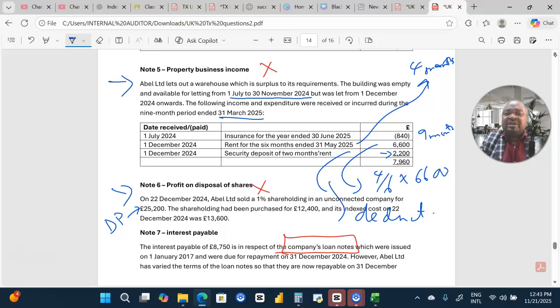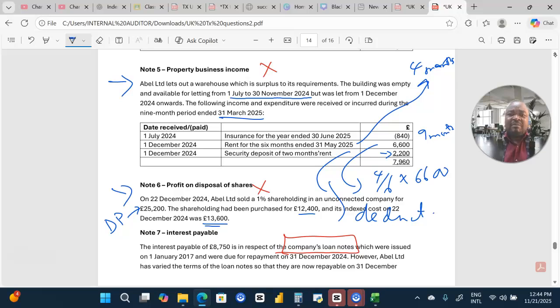The shareholding had been purchased for 12,400, and its indexed cost on 22 December 2024 was 13,600. So you can see that the taxman is very lenient in the UK. They factored in inflation so that the cost is a little bit higher, and that would reduce your ultimate tax liability.